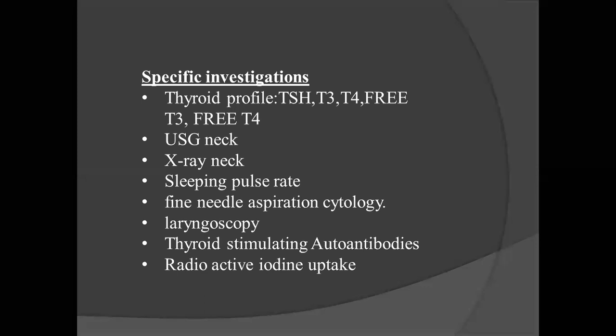Another important thing: if a hyperthyroid patient is not prepared well and is taken up for surgery, they go into thyroid storm. Thyroid storm is severe symptoms of hyperthyroidism plus hyperpyrexia, profuse sweating, and dehydration. How do you manage it?